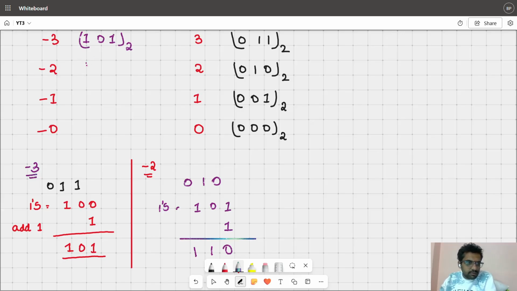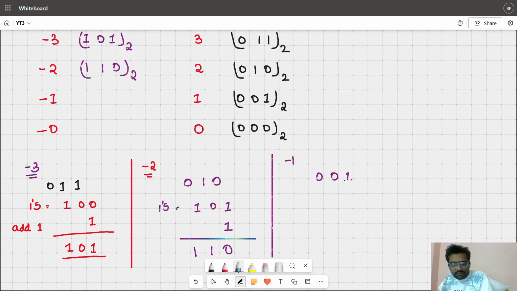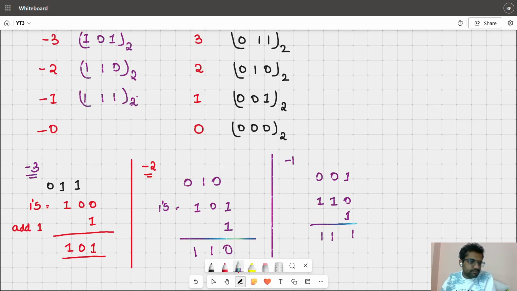So this will be 1, 1, 0 to the base of 2. Now let us compute it for minus 1. The representation of 1 is 0, 0, 1, and its ones complement is 1, 1, 0. If I add 1 to that, it is going to be 1, 1, 1. So this will be 1, 1, 1 to the base of 2.